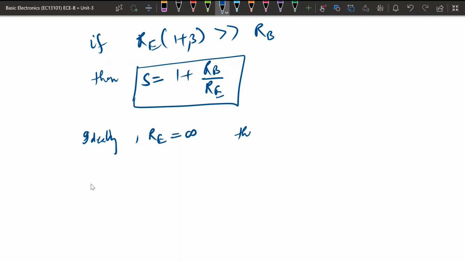Then the S value will be equal to 1. Okay, so if S is equal to 1, this is the ideal case, but in the practical case this Re is not infinite.